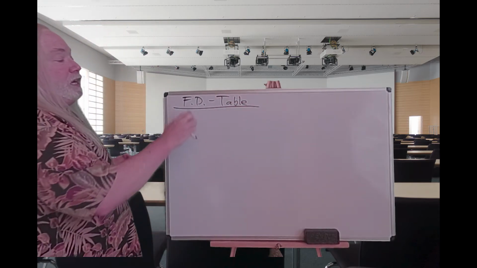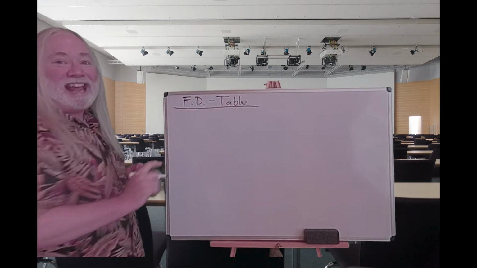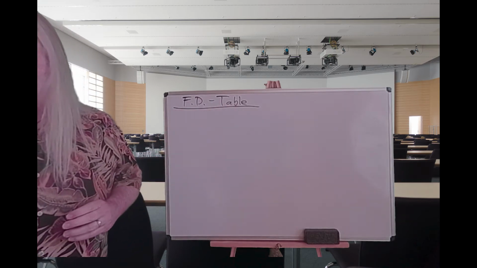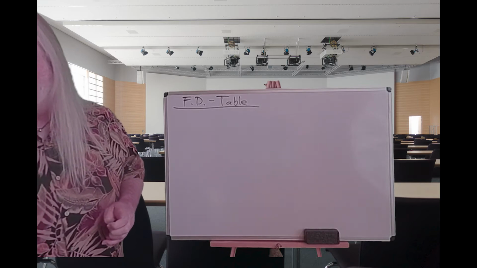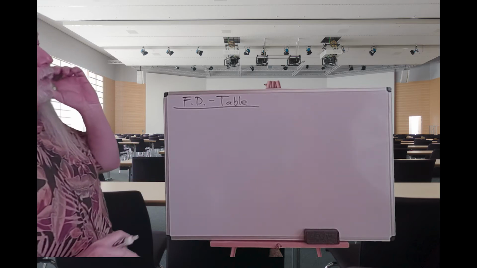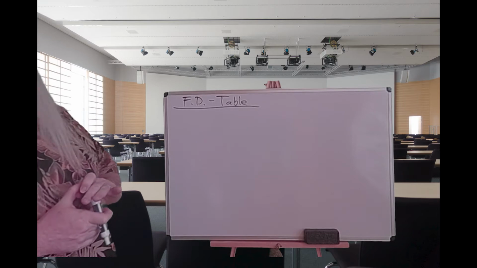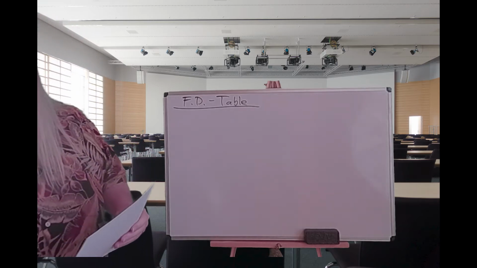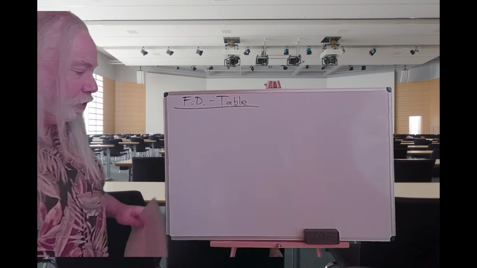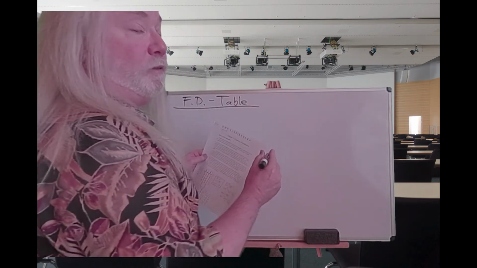So obviously abbreviating here, frequency distribution in a table form. So this is the idea of doing our job that we just described, but putting it into the table format. So the first thing that we're going to need to do this is some raw data, some raw scores to work with. So let me get some scores written in here for us.